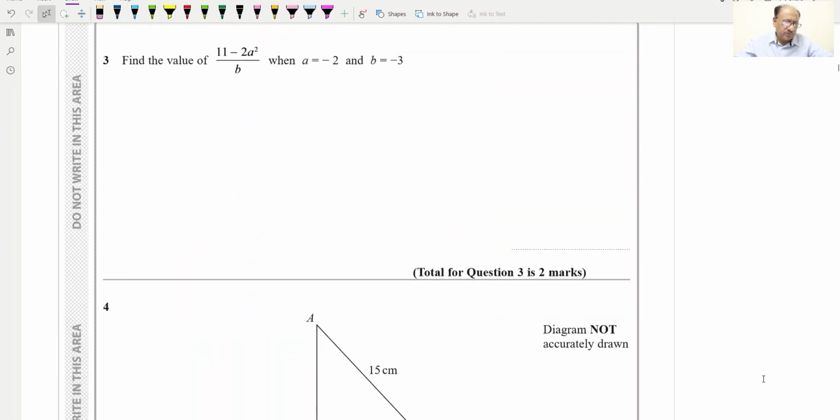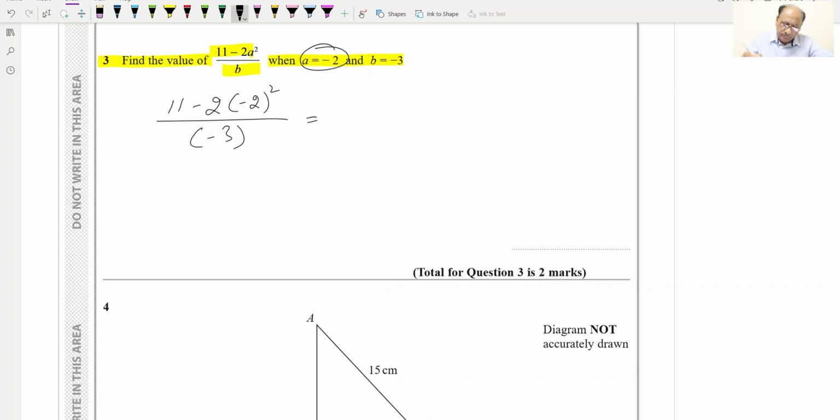Now question number 3 says find the value of this expression when these a and b values are provided. So it is substitution, we have to substitute the values. So 11 minus 2, the a value is minus 2, so we will put it in brackets, always substitute values in brackets, and b is minus 3.